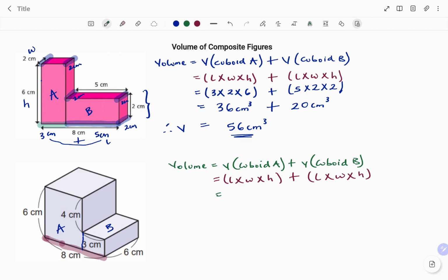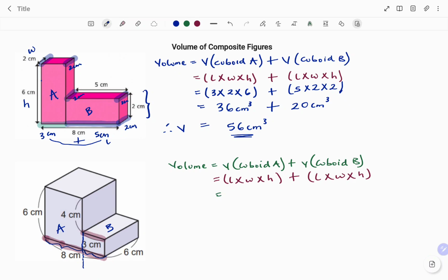However, if I go back to the diagram and I break down the cuboid as shown, I need to find the length of the first cuboid and the length of the second cuboid. Looking at all the parallel sides, I have the distance of this edge to be 3 centimeters.